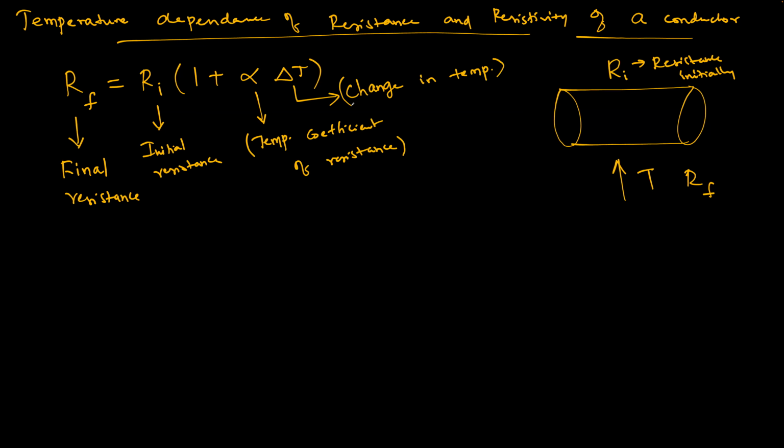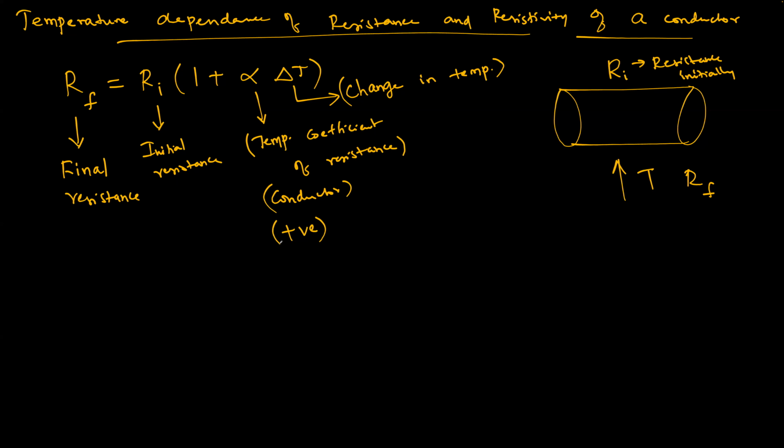Here an important point to be noted is the temperature coefficient of resistance for a conductor is always positive. I have to stress on this point. The meaning of it is if there is an increase in temperature, resistance will also increase. If there is a decrease in temperature, resistance will decrease. You can ask me why are we even telling that?